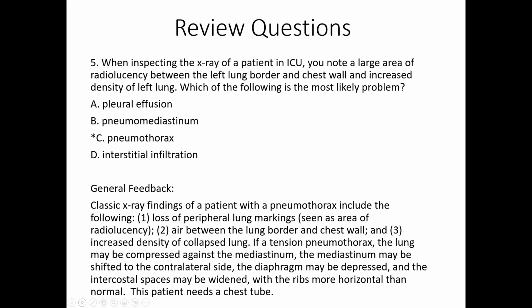So it's suggestive of tissue or consolidation, atelectasis, pleural effusion, tumor, okay. Radiolucency is dark. It's aerated, okay. So inspecting the X-ray of a patient, larger radiolucency, darkness between the left lung border and the chest wall, increased density of the left lung. Which of the following is the most likely problem? Okay, a pneumothorax.